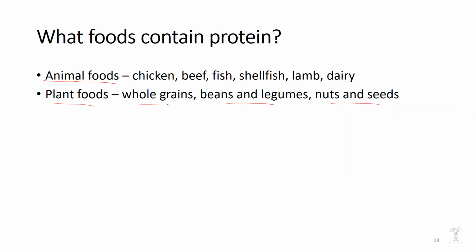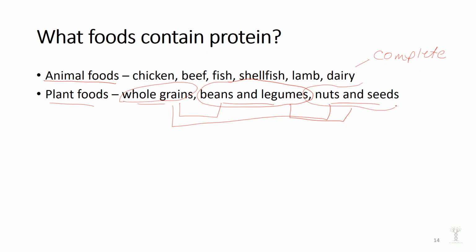So someone that is a vegetarian would need to combine two of these categories to ensure that they get all of the amino acids. Animal foods are complete proteins, so they contain all of the amino acids. If we're going to get our amino acids from plants, we have to combine them so that we can make sure that we can get everything that we need.